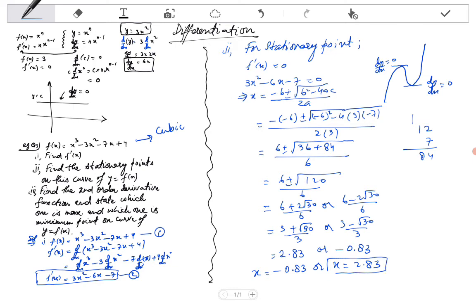We have two possible values of x at which the turning point is coming. One is negative, the other one is positive. So basically this is the curve.